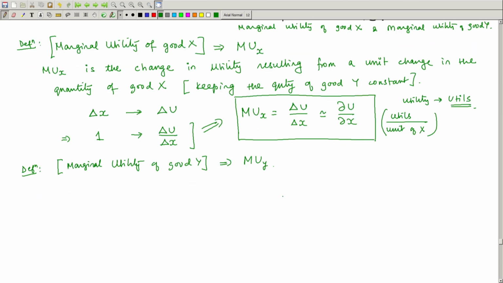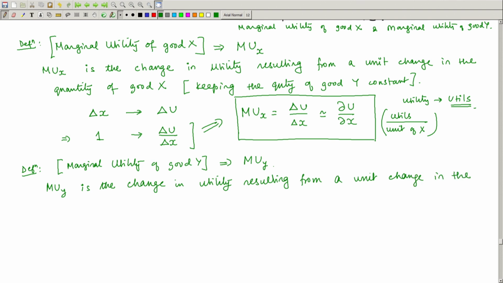So, the marginal utility of good y, which is mu y, is the change in utility resulting from what? Resulting from a unit change, now I am changing the quantity of good y.